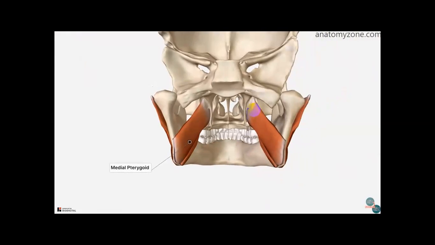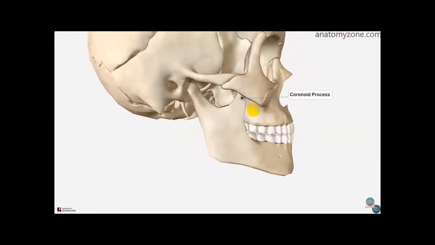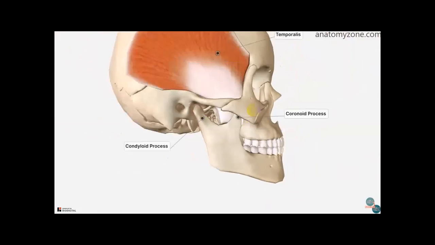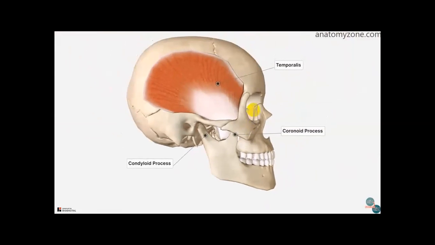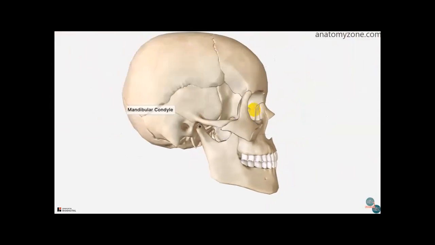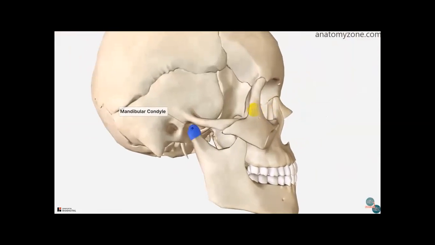There are two bony processes arising from the mandibular ramus: the coronoid process and the condyloid process. The coronoid process is a thin, flat eminence arising anteriorly and provides attachment to the temporalis muscle. The condyloid process is thicker and consists itself of the mandibular condyle and the mandibular neck.